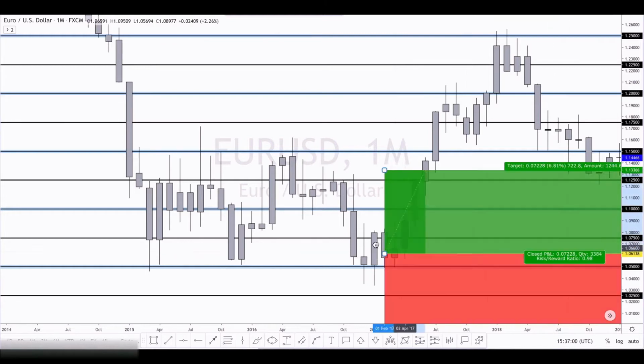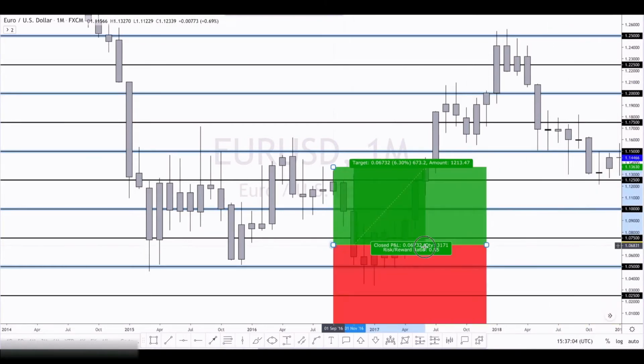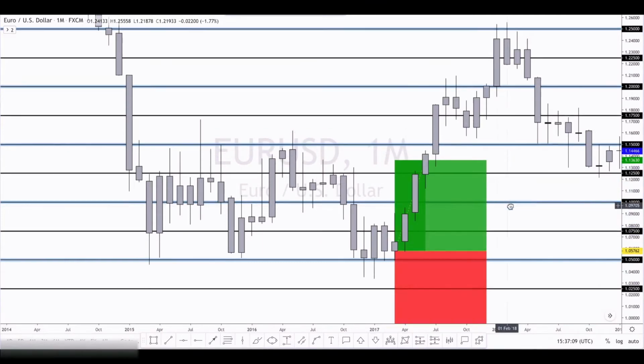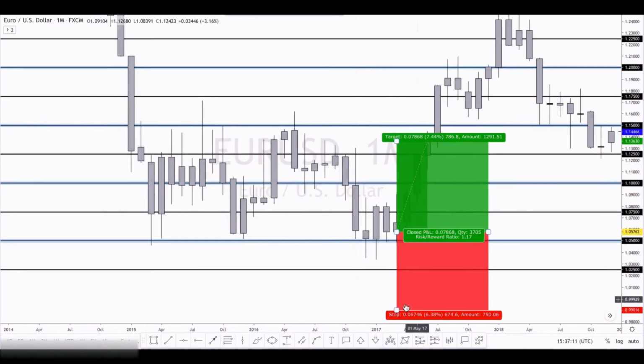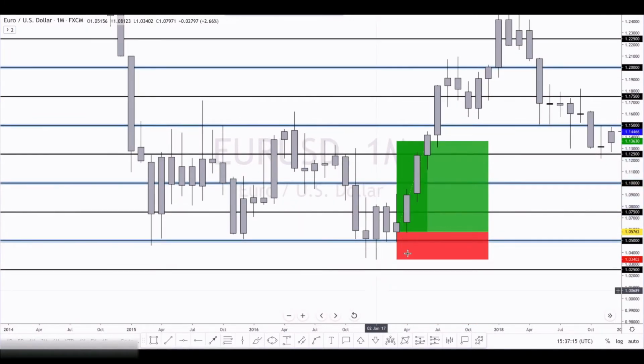It's the same rules for every time frame. Wait for that candle to close. So we've waited for our monthly chart to close, and now we're taking our long position right here. Our level of invalidation would be this low right here. So this is 236 pips.